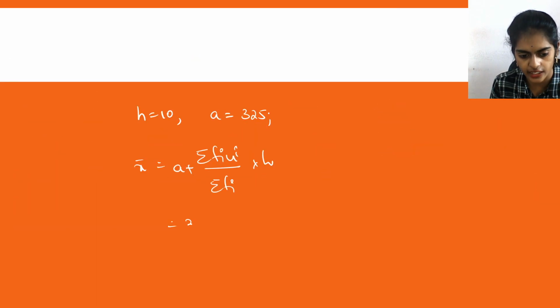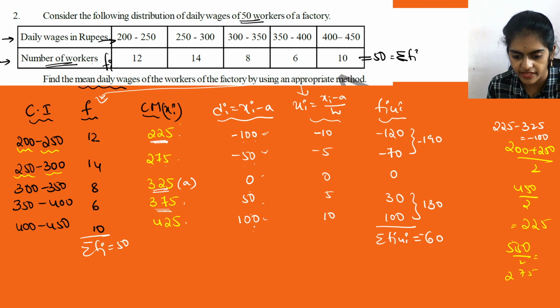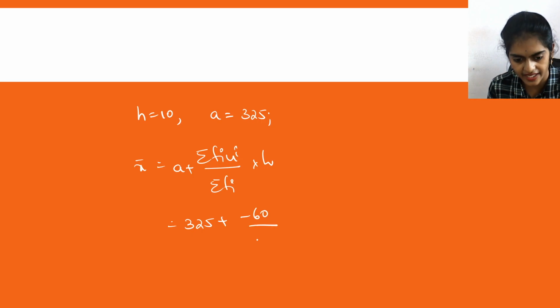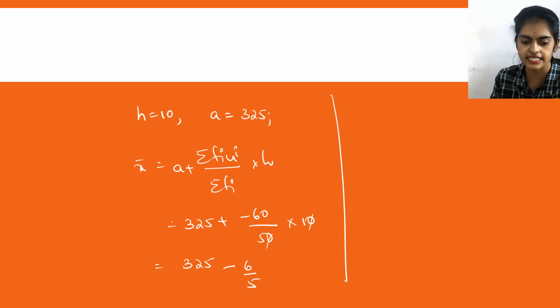A is 325, plus sigma fi ui is minus 60, divided by sigma fi which is 50, multiplied by h which is 10. So the 10s cancel. Now see what is left here: 325 minus 6 divided by 5. Now firstly find the value of 6 divided by 5.